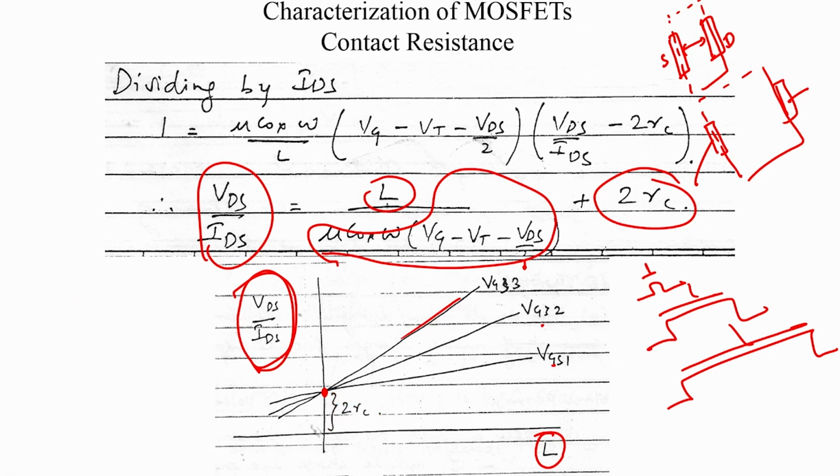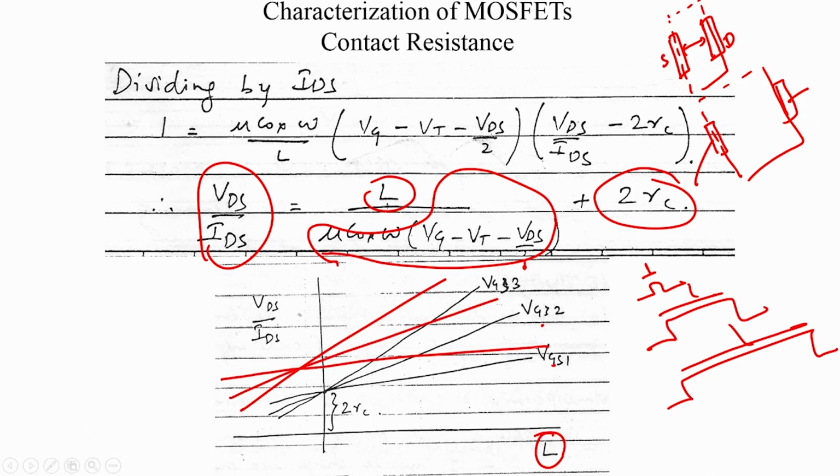Now, it could so happen that you end up with a plot that looks like this. Okay, you might have the 3 lines, firstly they might all be lines, okay, that is given, but the 3 lines intersect over here, they do not intersect at L equal to 0, they in fact intersect at some other value of L. What does that mean?